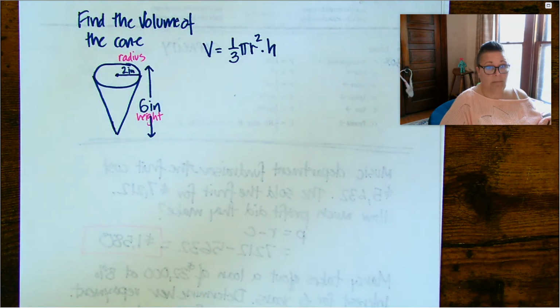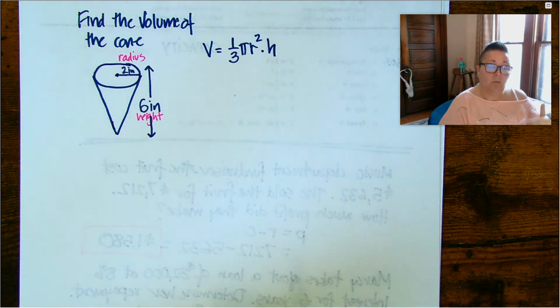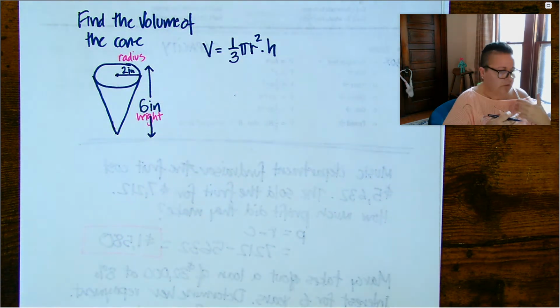Now, pro tip. Anything with a circle, whether it's perimeter or area or volume, if there is a circle in that shape, there is going to be a pi in the formula. That's just the way it works. Pi is permanently tied to circles. It is a relationship that exists in a circle.